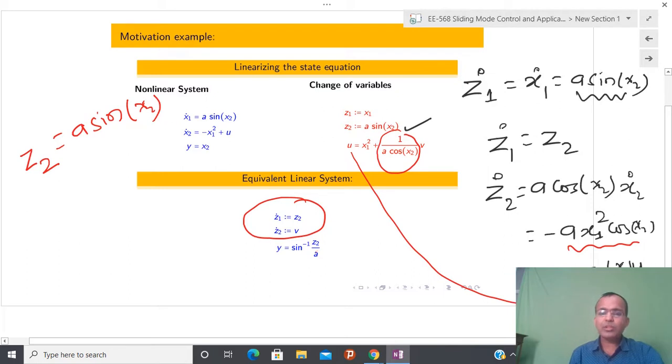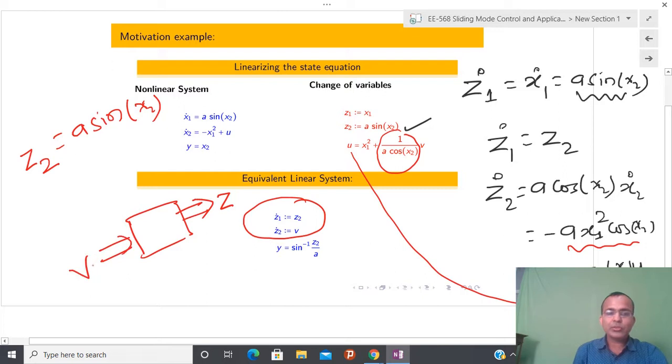Here z is the transformed state, and I have nu. So in terms of z and nu, this system is perfectly linear. What can one comment about the output? Is it linear? Non-linear. It is non-linear.